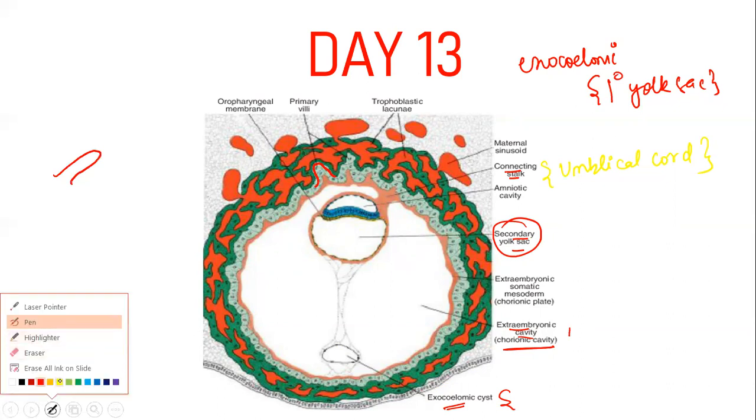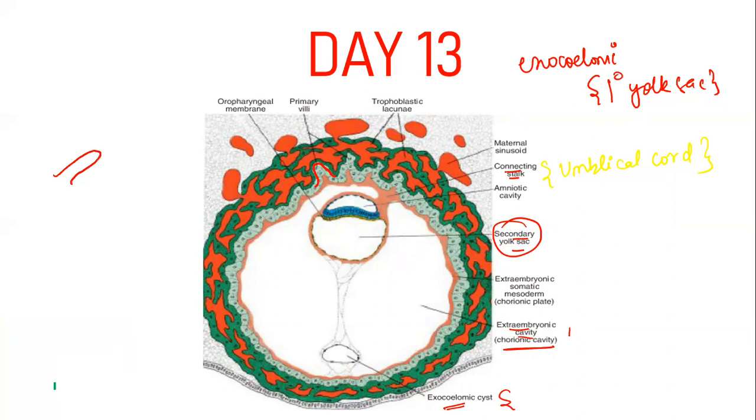The projection of the cytotrophoblast through the syncytiotrophoblast, where this projection externally is covered by the syncytiotrophoblast, is called the primary villi.